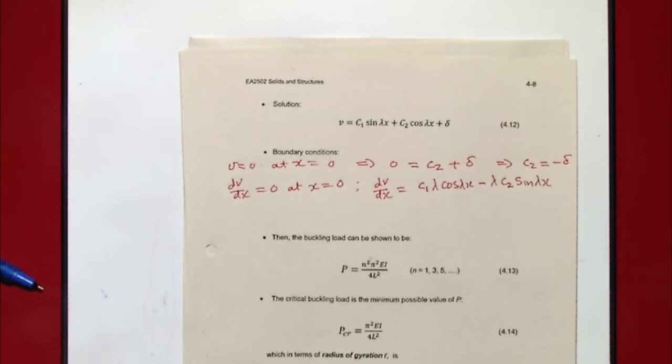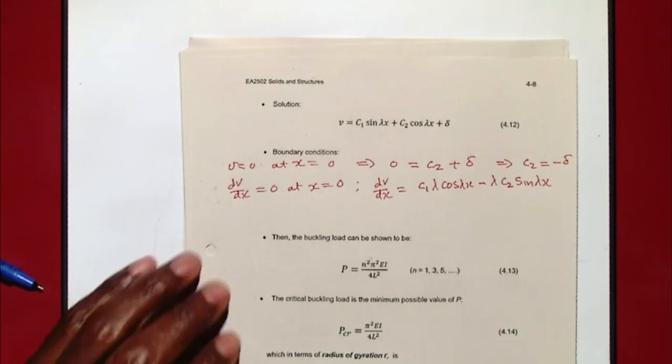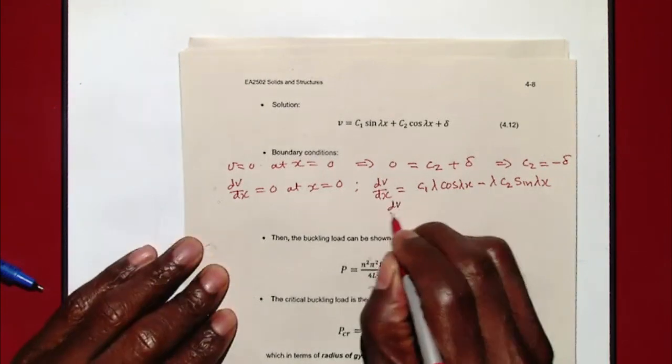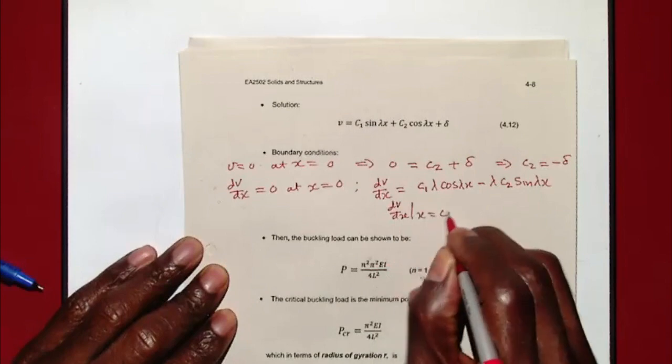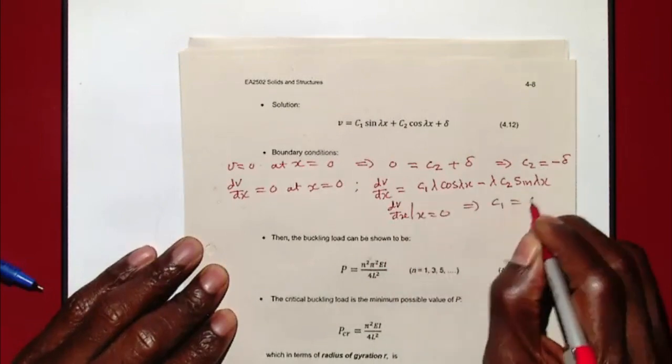Now if I put x equals 0 there, what do I get? So cos 0 is 1, and sine 0 is 0. So if I do that, I will say dv/dx at x equals 0 implies c1 equals 0.